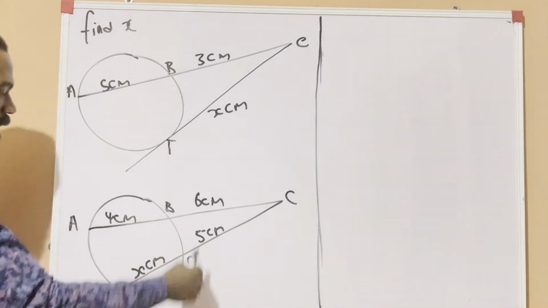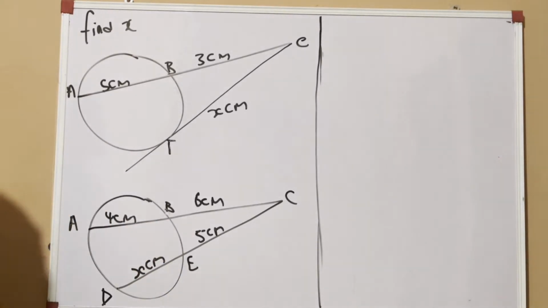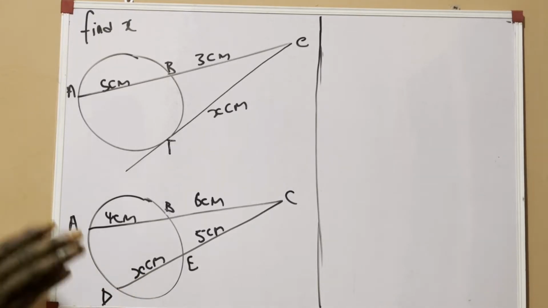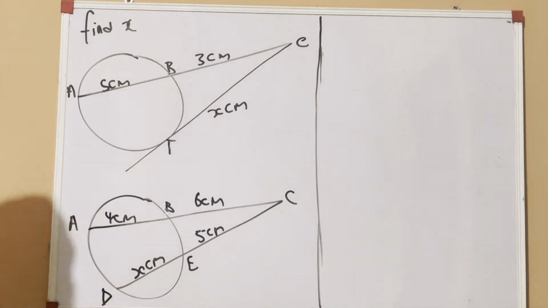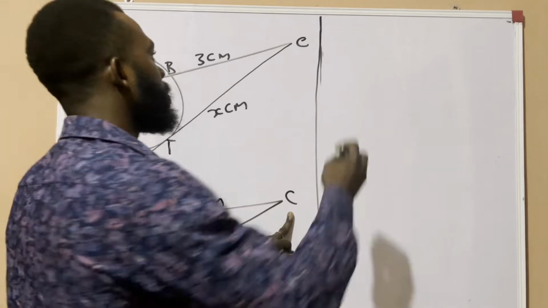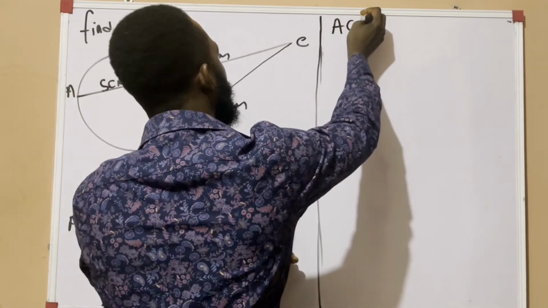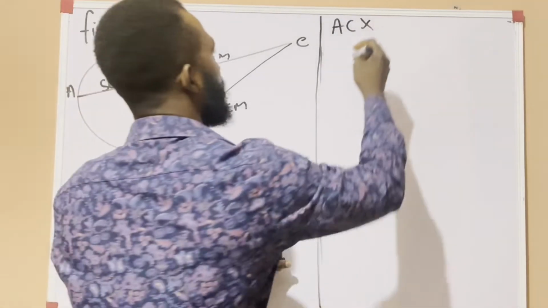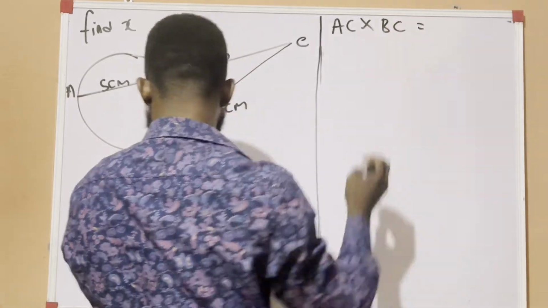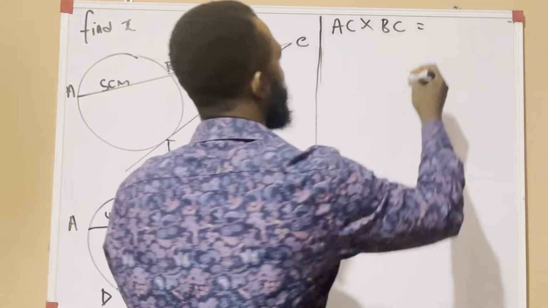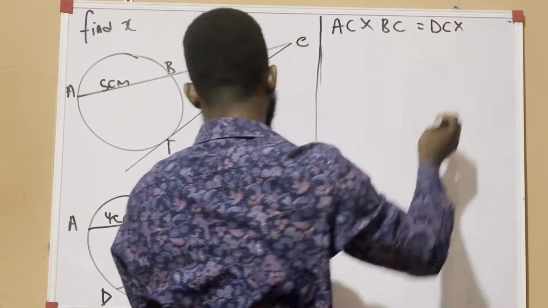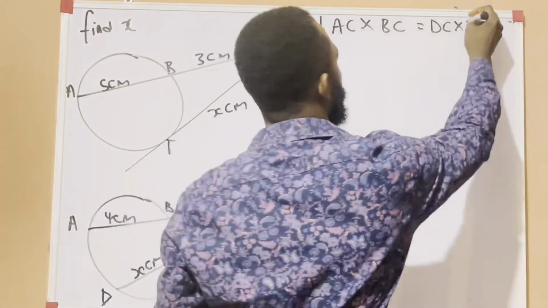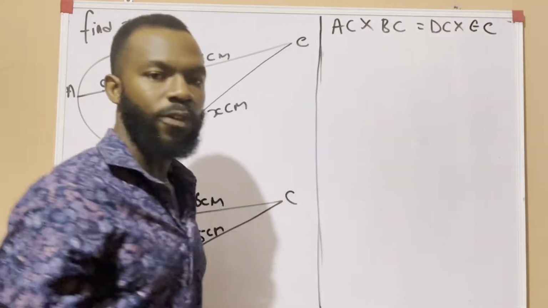None of them touches the circumference of the circle. So which formula are we applying when none is tangent to the circle? This is what you do. It becomes AC times BC equal to DC times EC. That's the formula we apply.